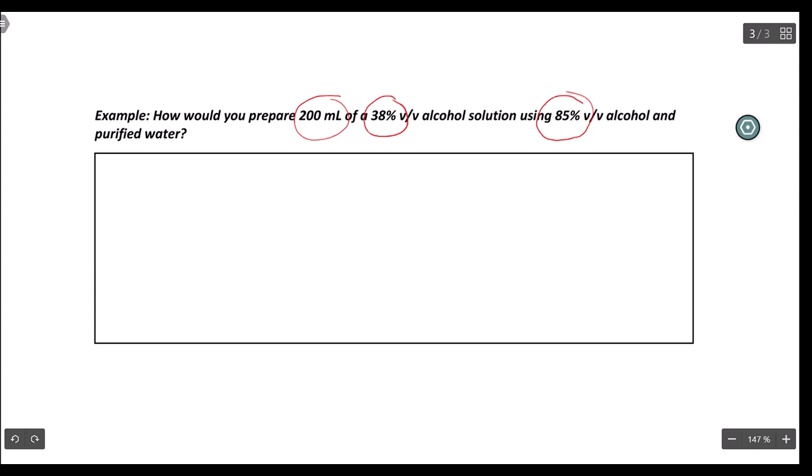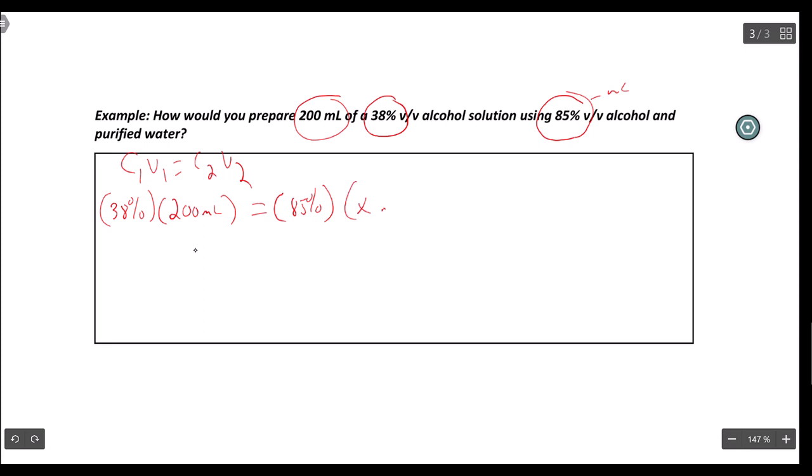So we have our C1V1 equals C2V2. Our concentration 1 is 38%. Our volume says 200 mLs. Our concentration 2 says 85%. And our volume, we don't know. We don't know how many mLs it is. What is the question even asking us?